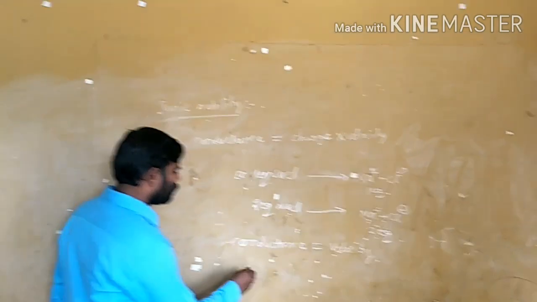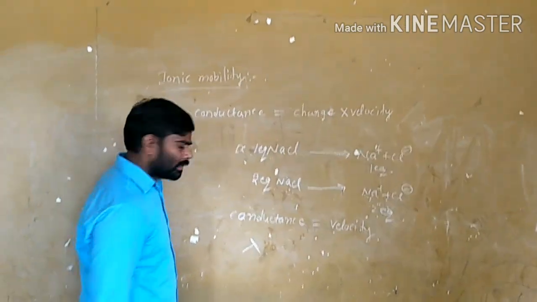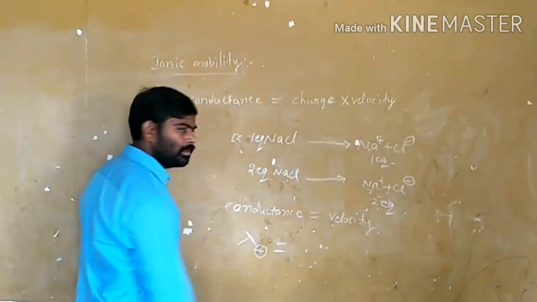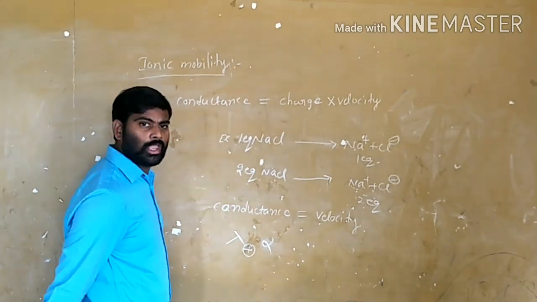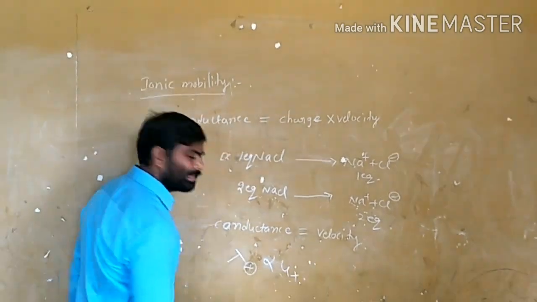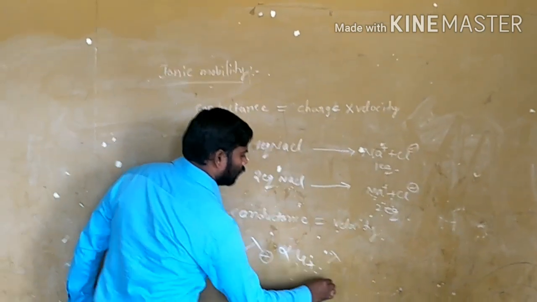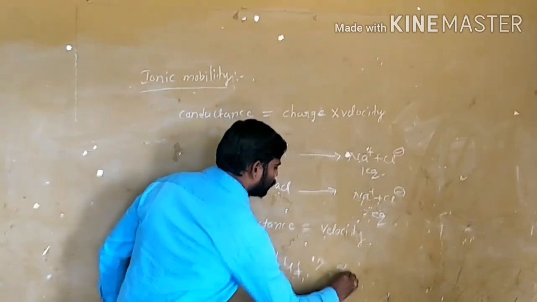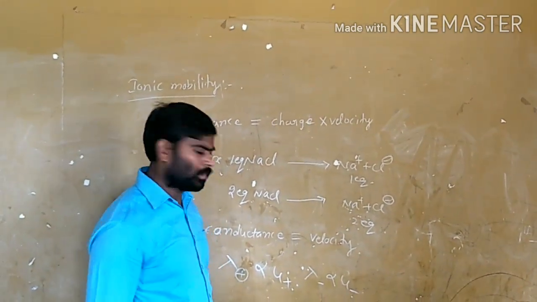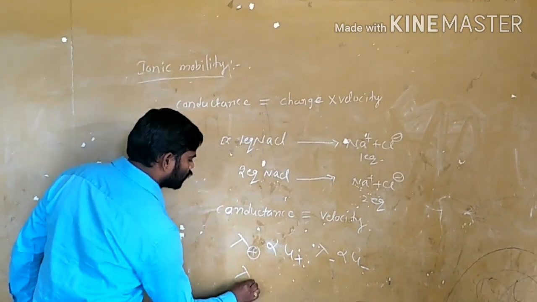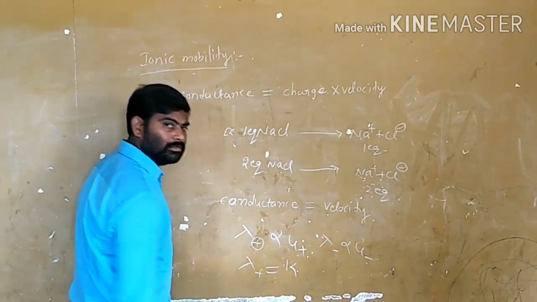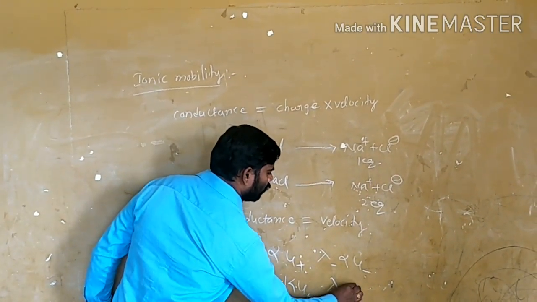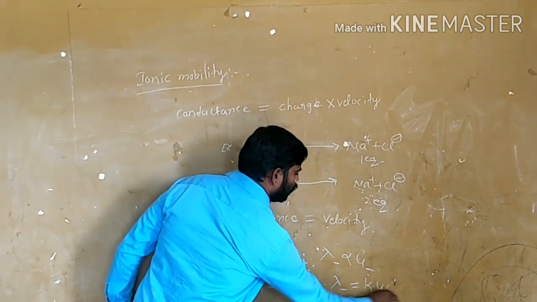From this, we say that equivalent conductance of a cation is directly proportional to the velocity of the cation. Again, equivalent conductance of an anion is directly proportional to the velocity of the anion only. If we remove the proportionality, we put a constant: lambda plus equals k of u plus, and here also, lambda minus equals k of u minus.